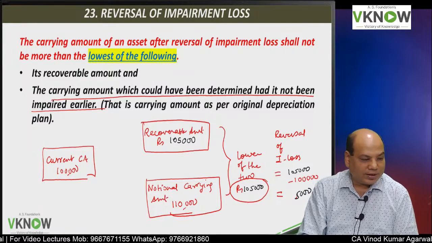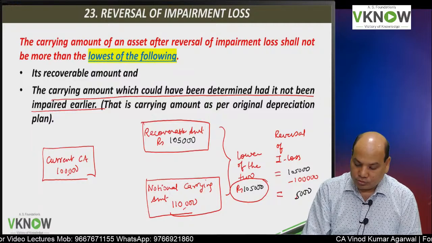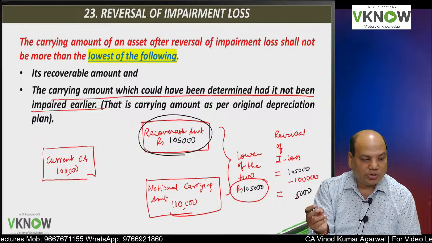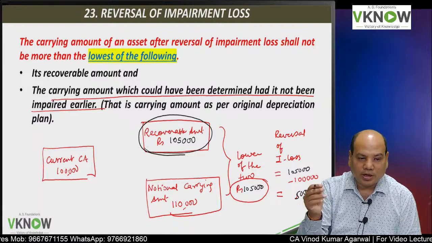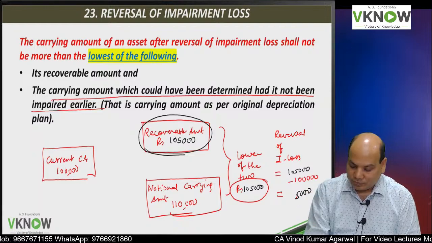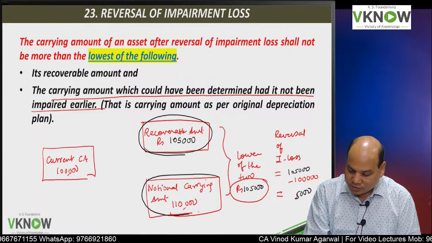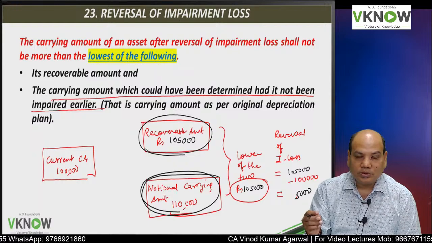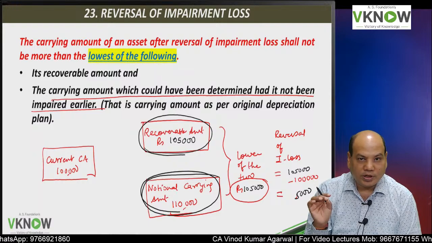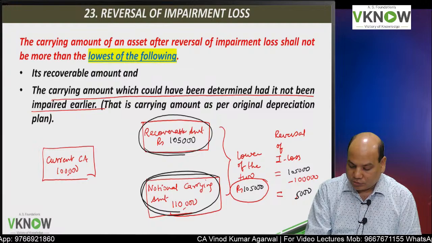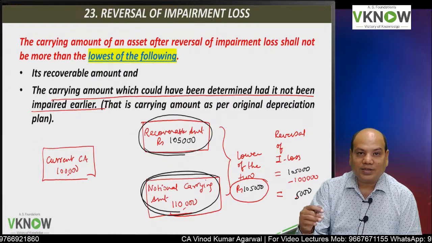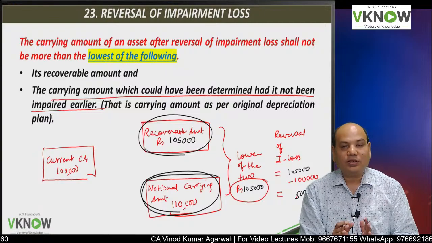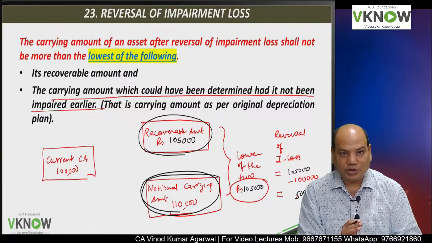So you cannot exceed the lower of the two. You can't exceed recoverable amount, because the moment you exceed recoverable amount, again you have to provide impairment loss. And at the same time the standard says you can't exceed the notional carrying amount, that is the carrying amount you would have determined if there was no impairment loss. If you want to exceed it, then you have to apply accounting standard 10 for revaluation.